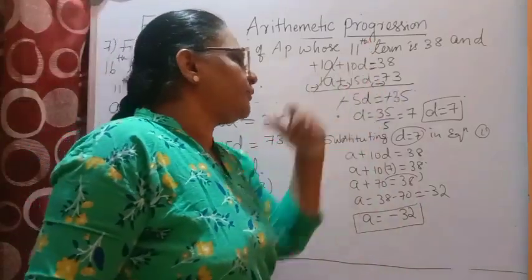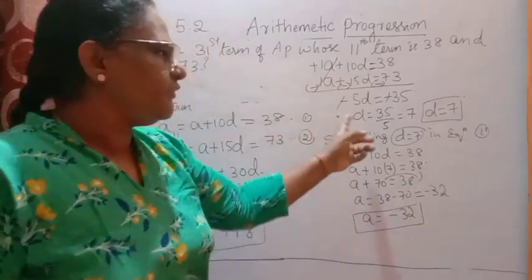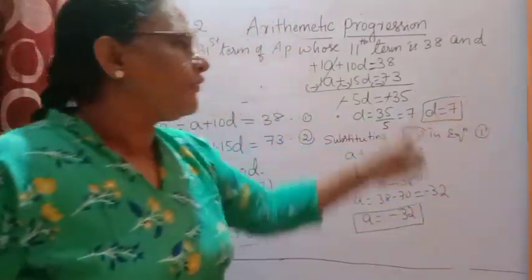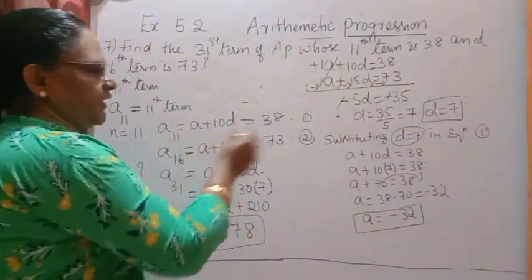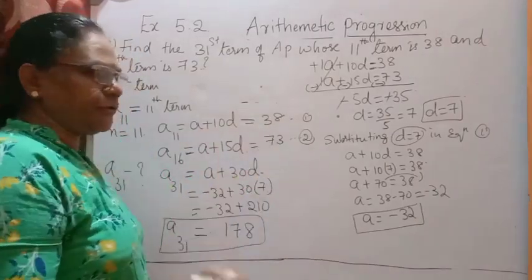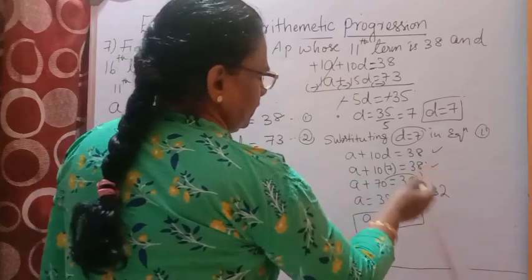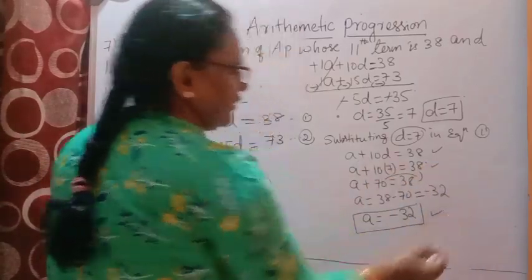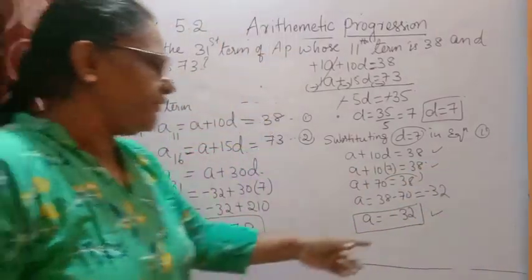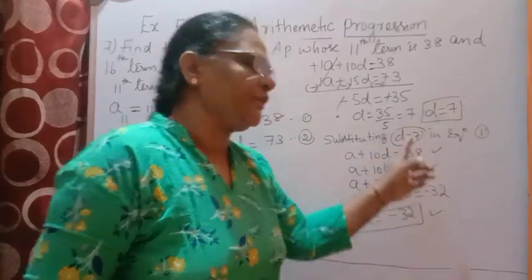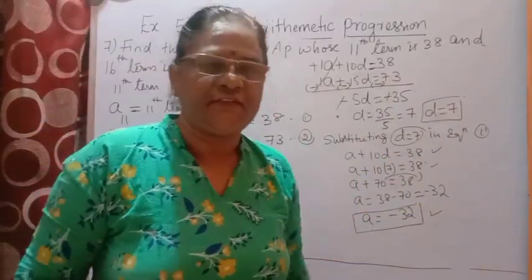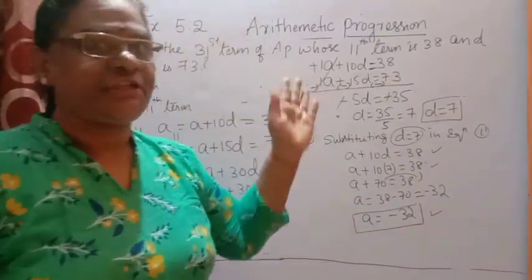Minus 5D is equal to minus 35, minus cancels, you got the value of D. After getting the value of D, take any one of the equations, either this or this. Substitute the value of D, shift the numbers, you will get the value of A. Once you get A, A and D are known. A is the first term, D is the difference. You have to find the 31st term.